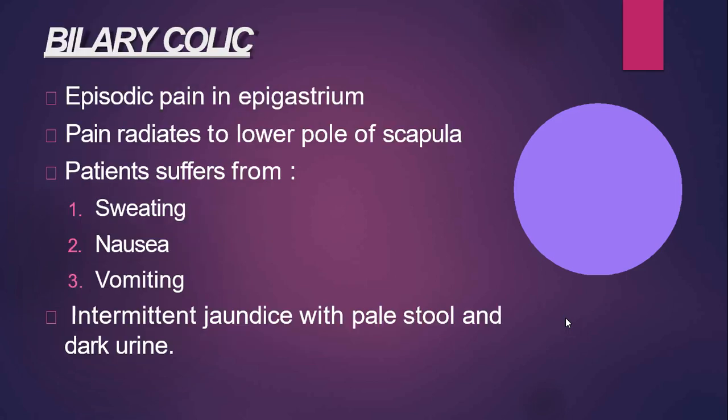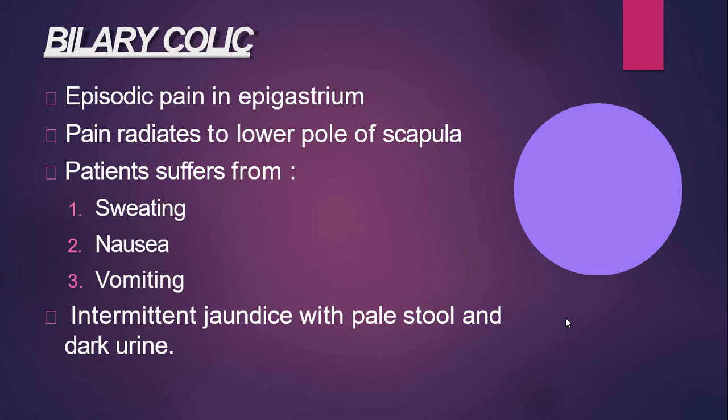Now if we talk about biliary colic, it is episodic pain in the epigastrium, radiating to the lower pole of the scapula on the back side, and the patient may suffer from sweating, nausea, vomiting. In biliary colic, there is an intermittent jaundice with pale stool and dark urine.